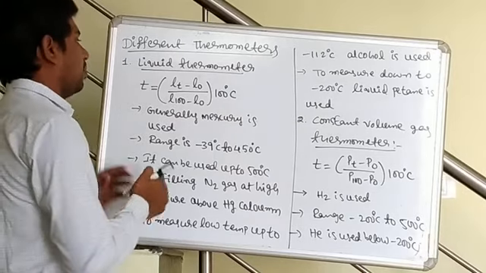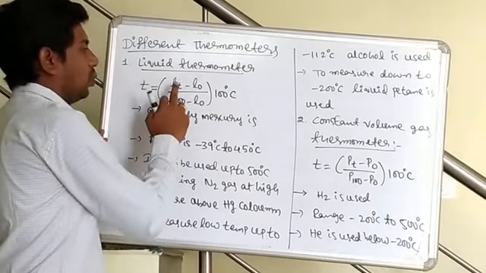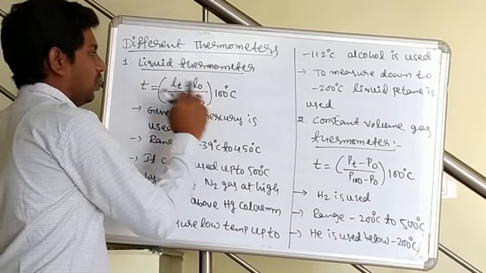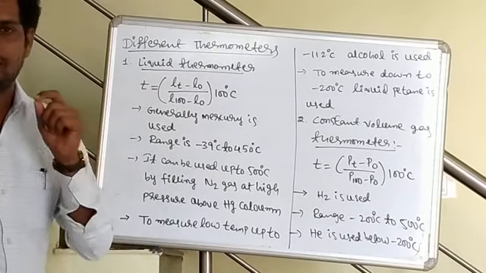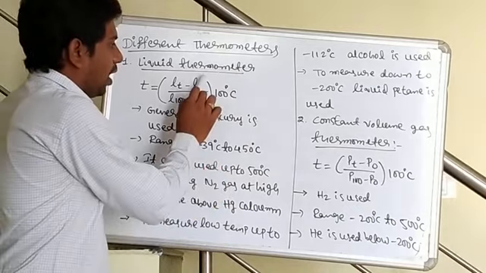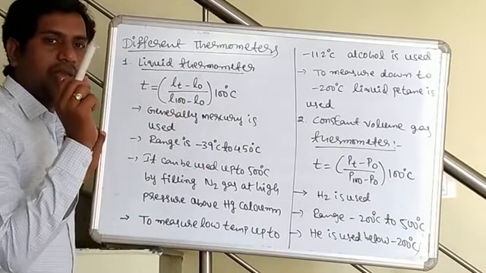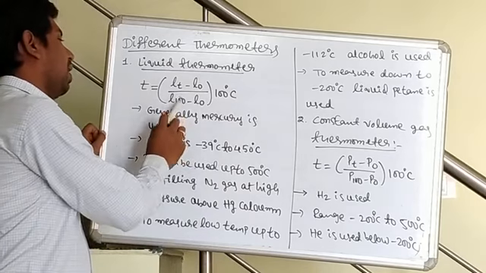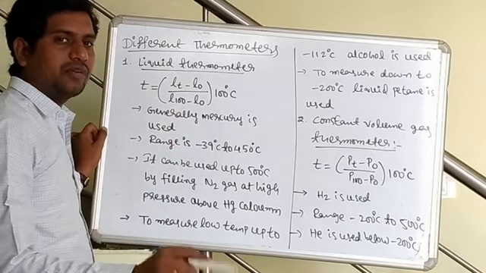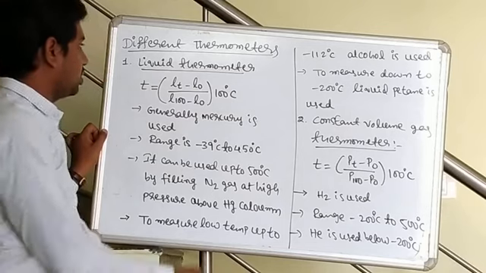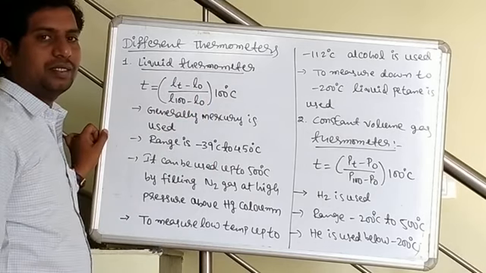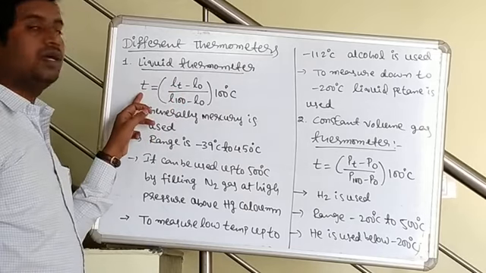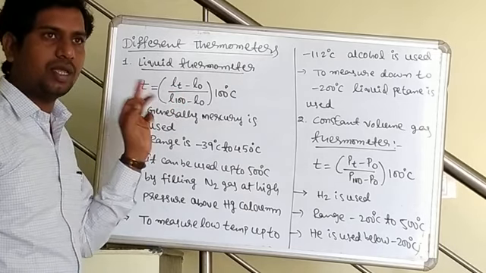So the formula will be T = (LT - L0)/(L100 - L0) × 100 degrees Celsius. Here L0 is the length of the mercury column at 0 degrees Celsius, L100 is the length at 100 degrees Celsius, and LT is the length at the given temperature, T degrees Celsius.